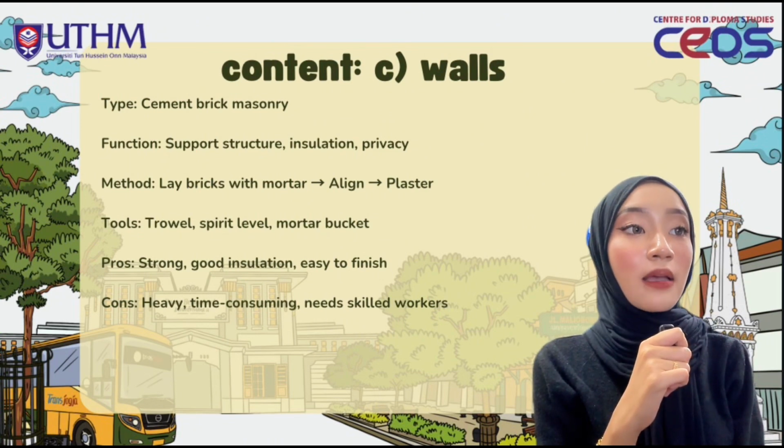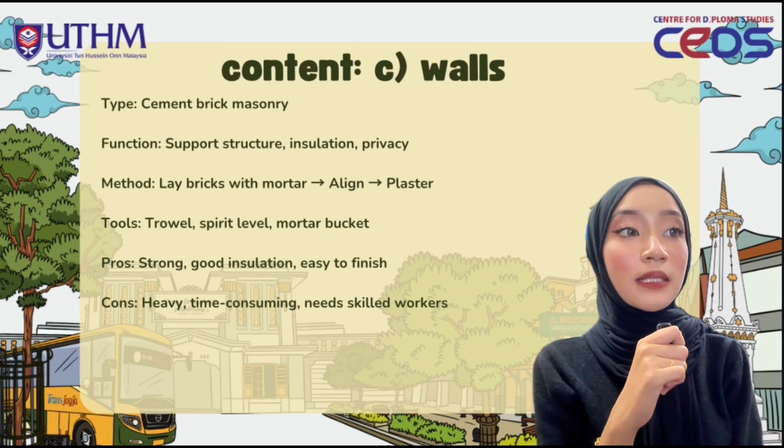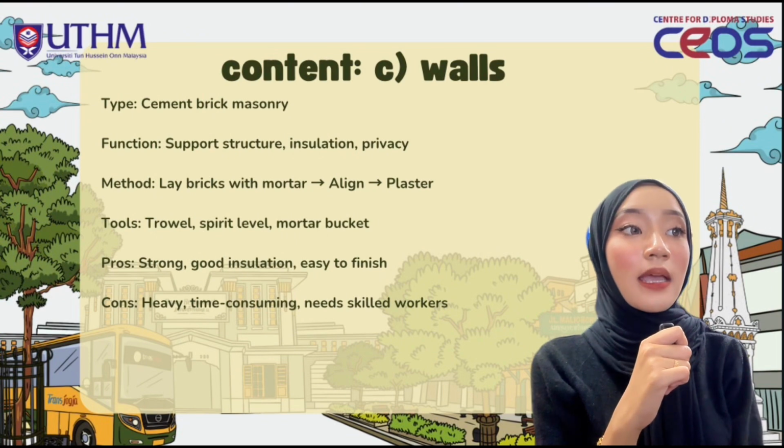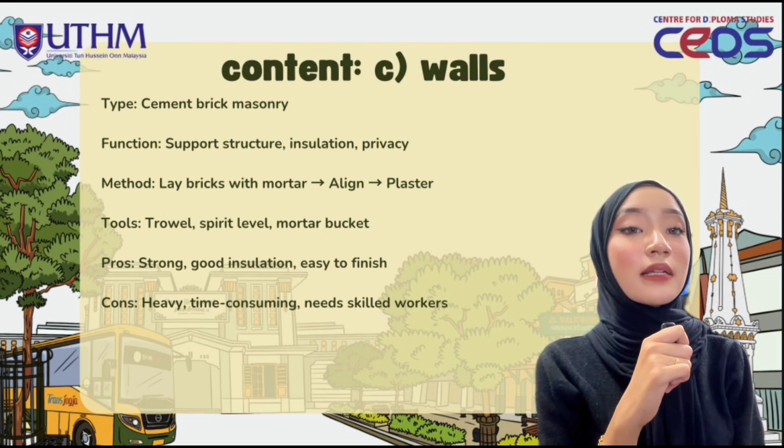After finishing, we apply plaster to smooth the surface. The advantages are good thermal and sound insulation, and it is easy to maintain. But it also has disadvantages, like being heavy and needing skilled workers.